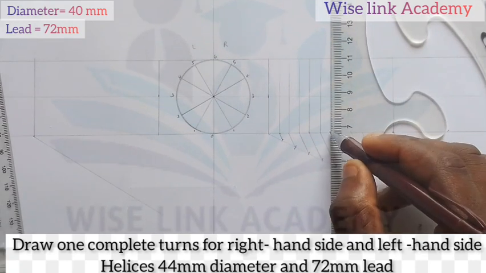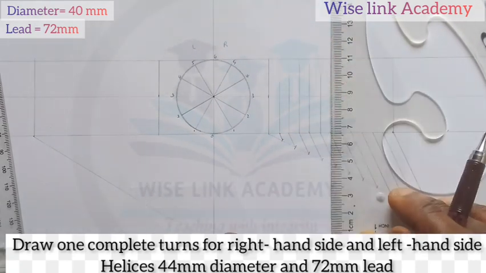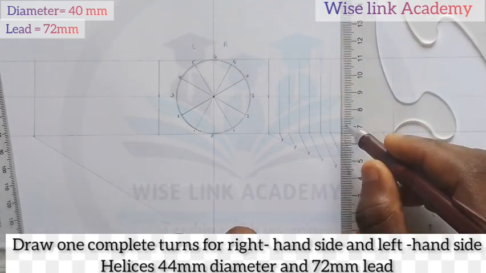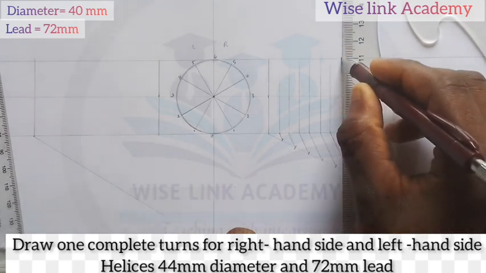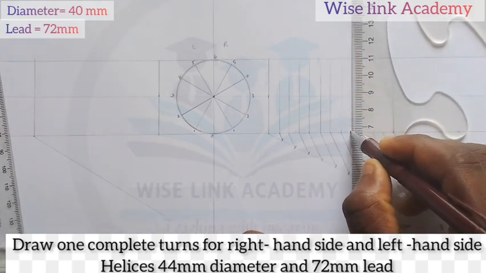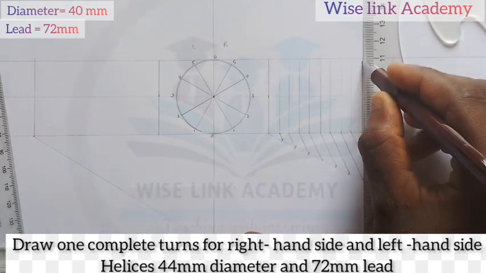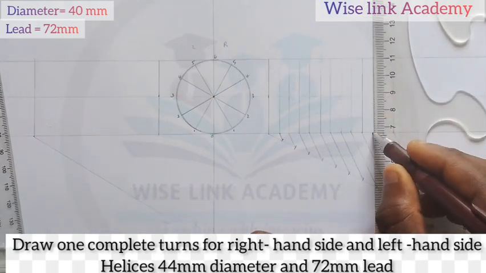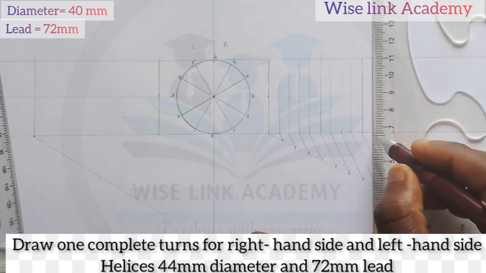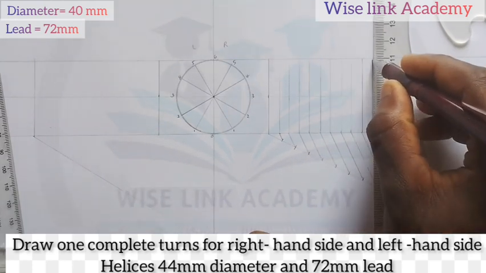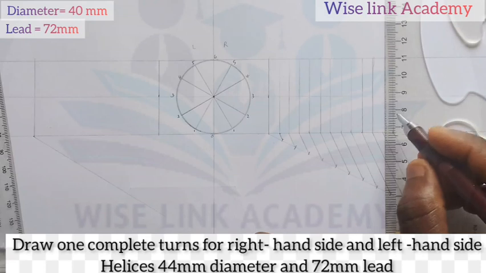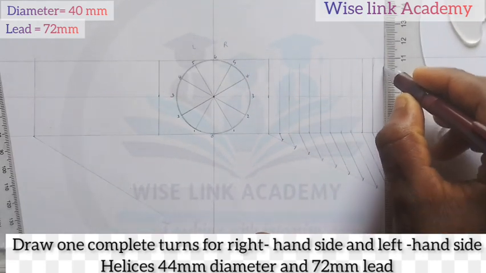Next up, this point. So that's what I'm doing. Next up, this point, take it up. Take this point up. And lastly, take this point up.